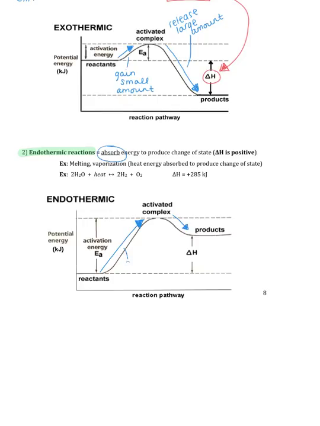So in the beginning, you gain a large amount. At the end, though, you release a small amount. And so overall, with delta H being positive, we gained more than we got rid of.